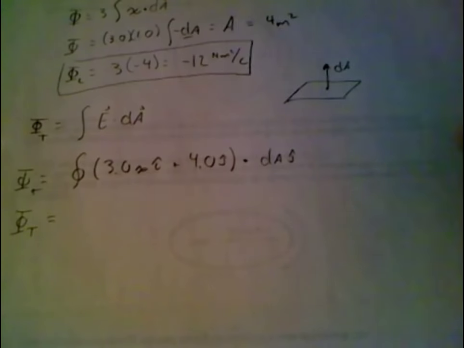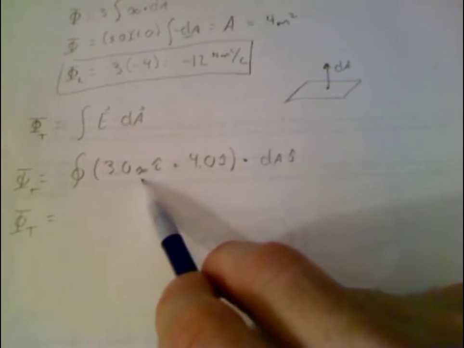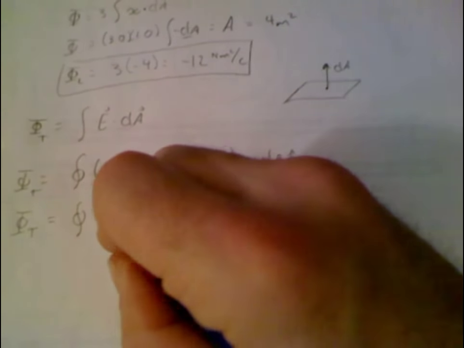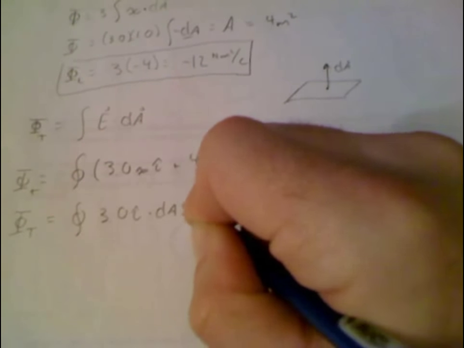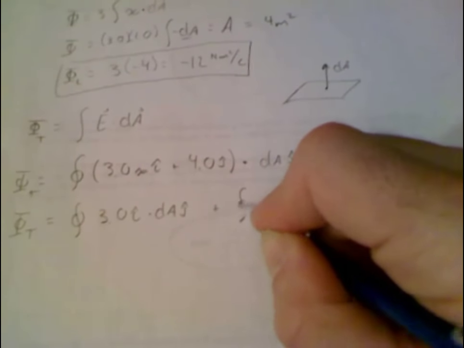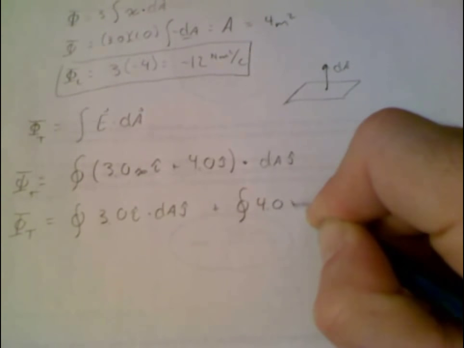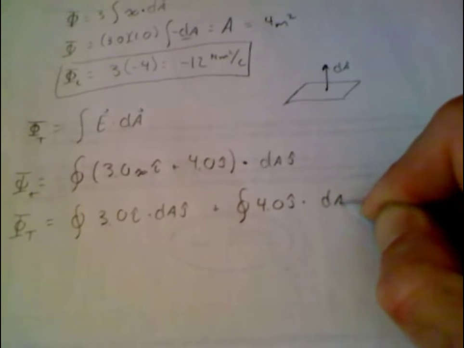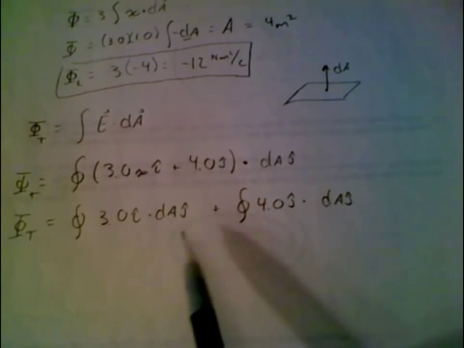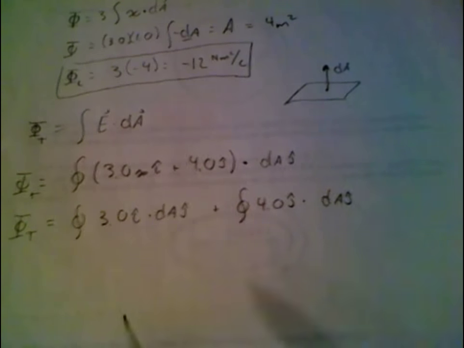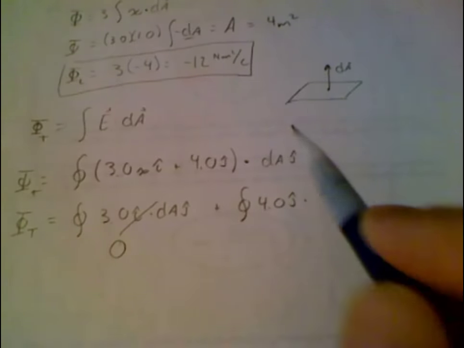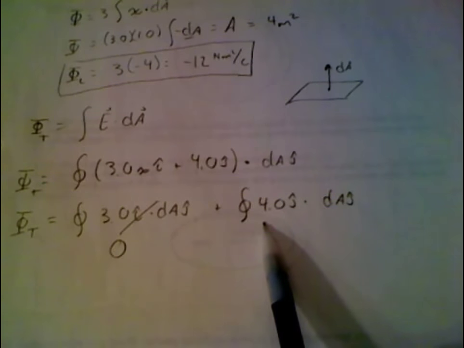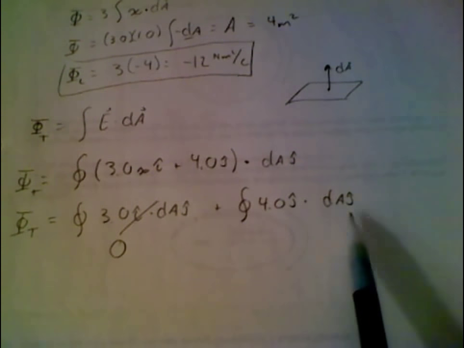My flux about the top is going to be 3.0x i-hat dot dA j-hat plus 4.0 j-hat dot dA j-hat. Just like we saw before, i and j are 90 degrees to each other, so that whole first term is 0, and now I'm just left with this 4.0 j dot dA j.